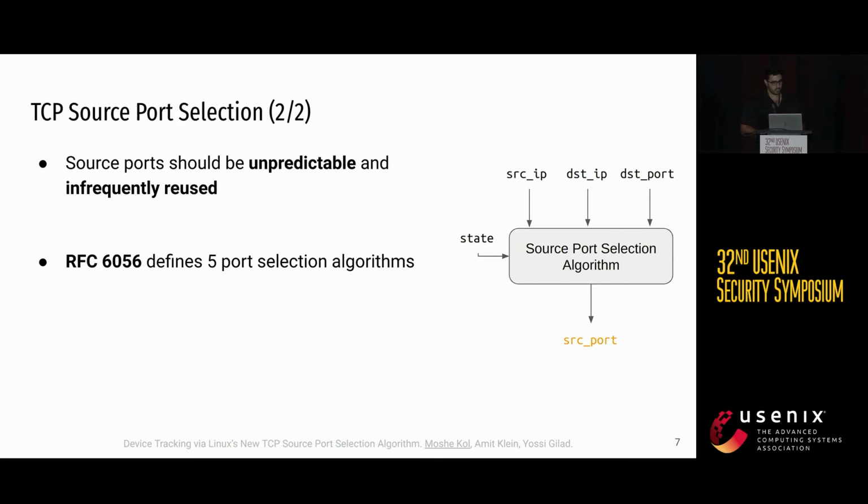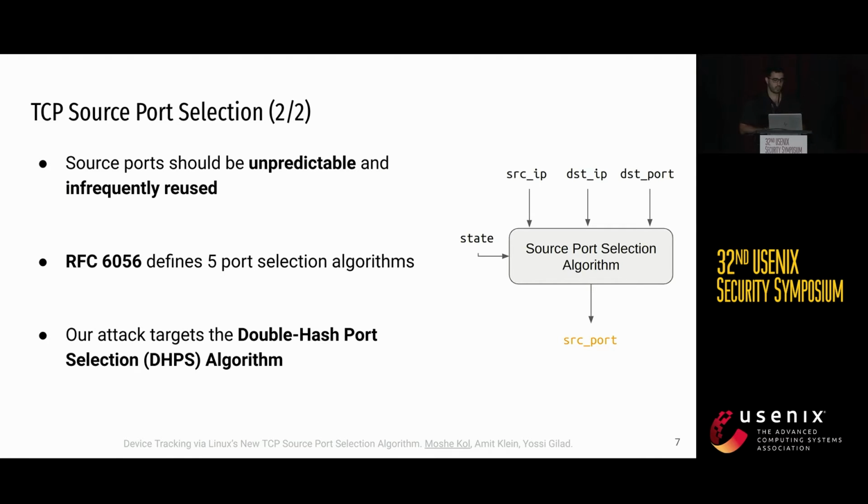So we have RFC 6056, which defines 5 port selection algorithms with different trade-offs. And our attack targets a particular algorithm, the double hash port selection algorithm, which is implemented in Linux starting from kernel 5.12.